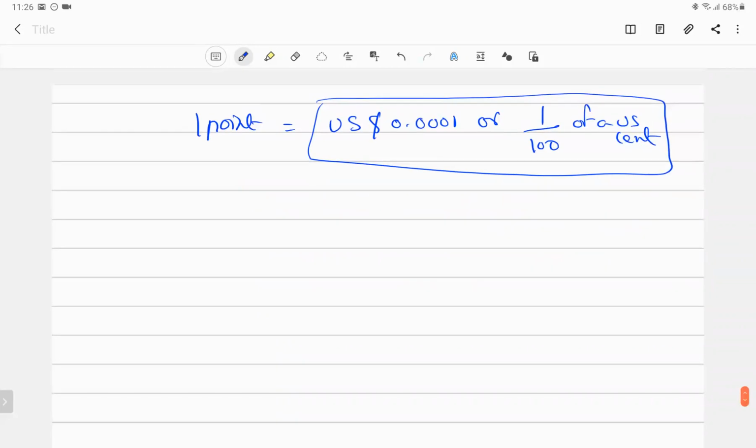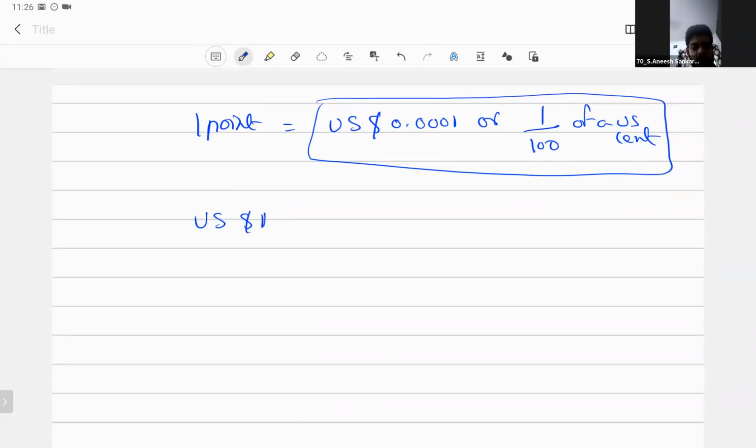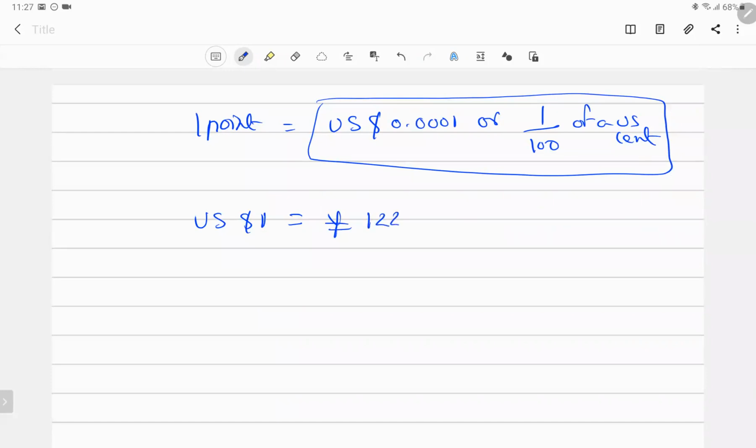Suppose they have given a quotation where $1 is given in yen, 122.50. Suppose US $1, the commodity currency, is being priced in terms of the yen, which is the term currency, that is 122.50 yen.